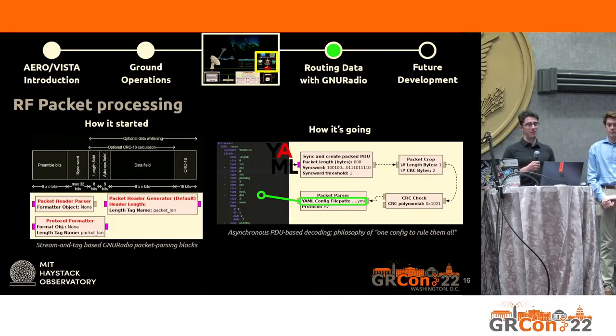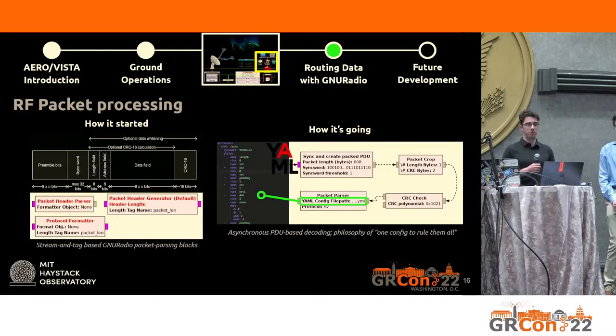There's a million different ways that you could package those up into a packet where you might have preambles and sync words and data scrambling and error correction and all of this. And there's a huge diversity of those different systems throughout all kinds of different satellites. So we want to be able to support all of them with minimal configuration.